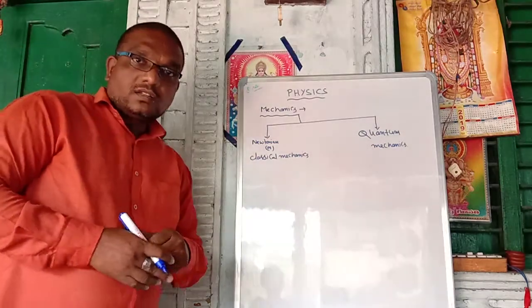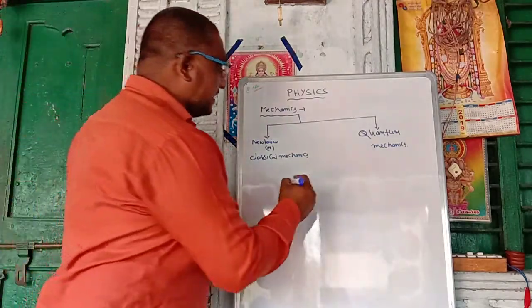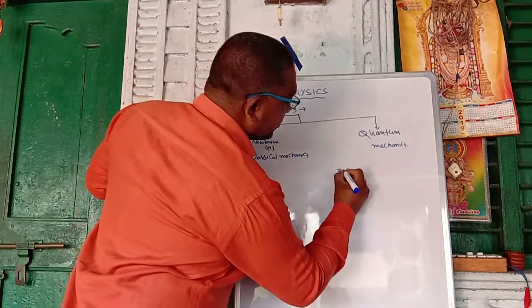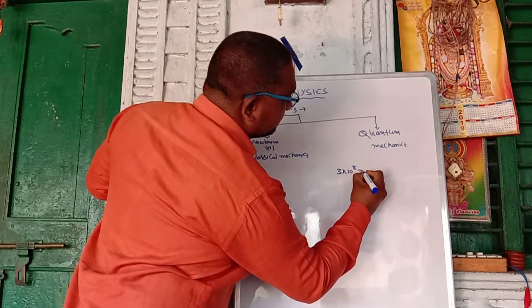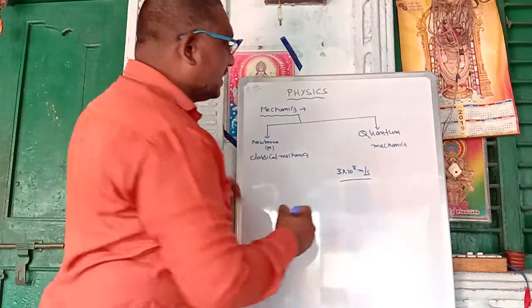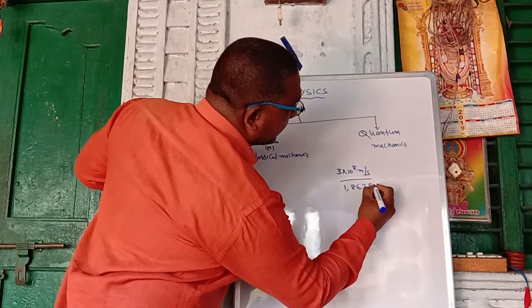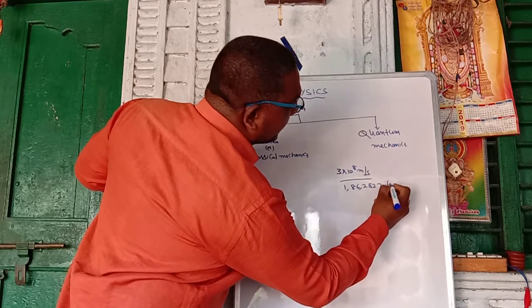Suppose the speed of light. What is the speed of light? The speed of light is 3 into 10 to the power of 8 meter per second. This is the highest speed in the universe, and it is also equal to 186,282 miles per second.